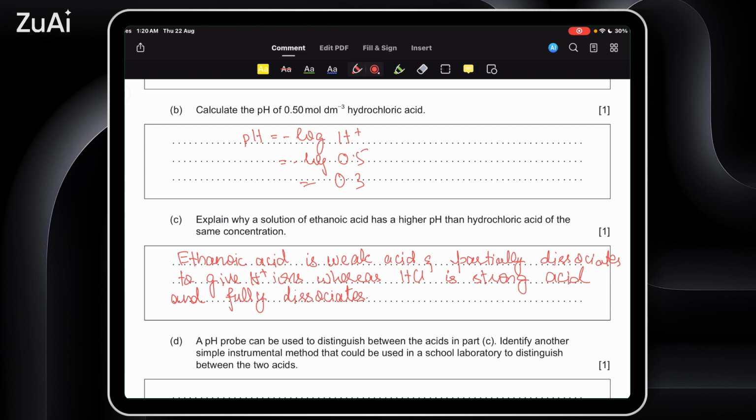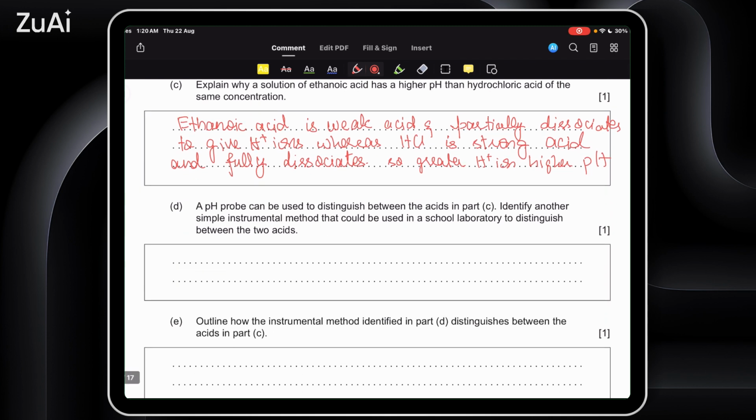That's why the pH. So greater hydrogen ions, lower pH. That's the thing we need to know.